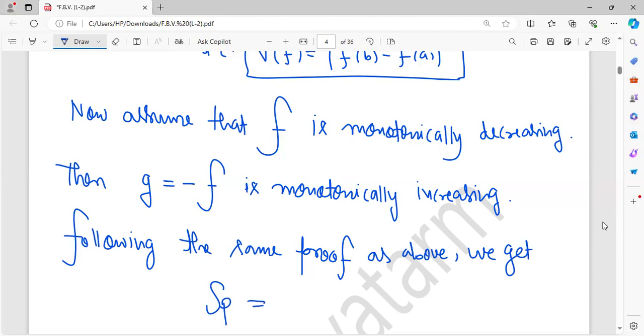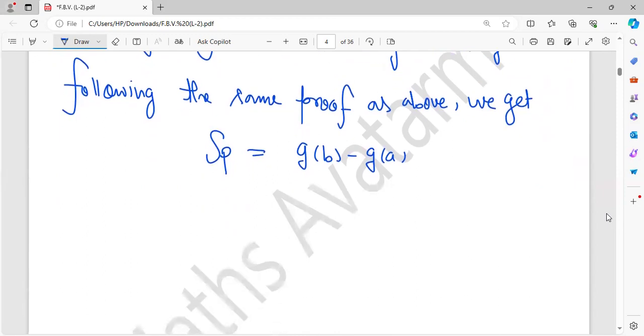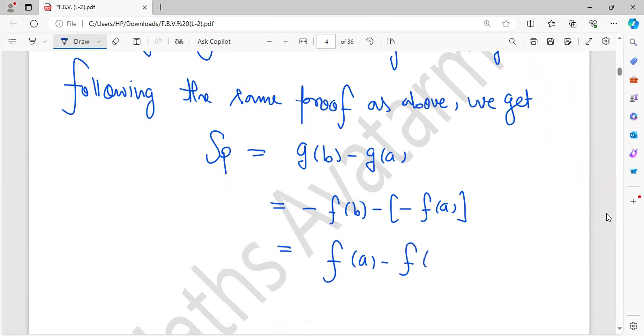That is, because this is monotonic, the limit GB minus GA. I am calculating SP for G. So what will this be? GB minus GA. What is the value of this? It is minus FB minus minus FA. So FA minus FB.